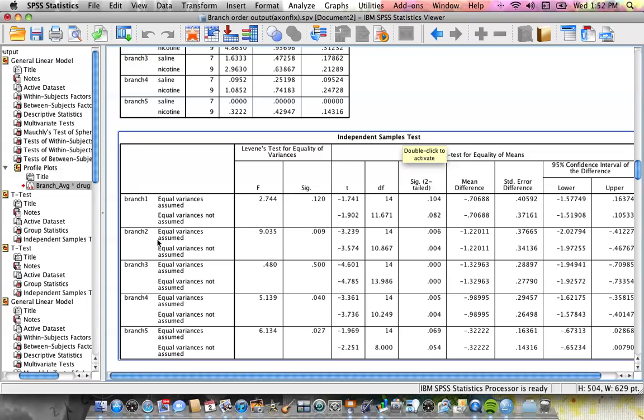Branch order 2, it is significant in the equality of variances, so we go down to equal variances not assumed, and we see that there is a significant increase in branching in branch order 2. And then this isn't significant, so we can look here, and there's a significant increase in branching within branch order 3. And then this is significant, so equal variances not assumed, and there is a significant increase in branching in branch order 4. For this, there's a significant one as well, equal variances not assumed.